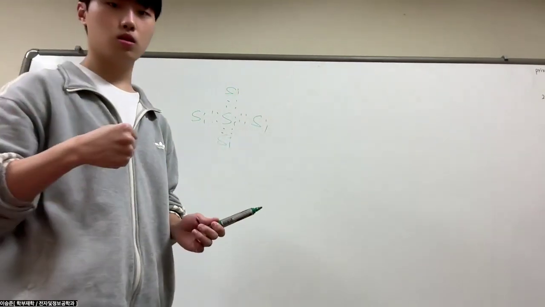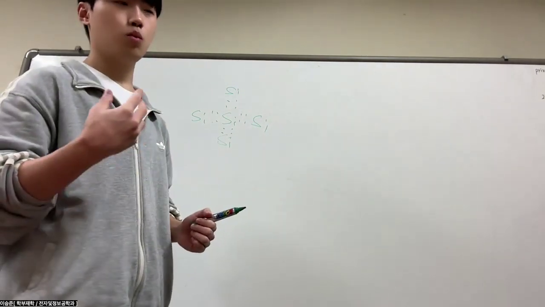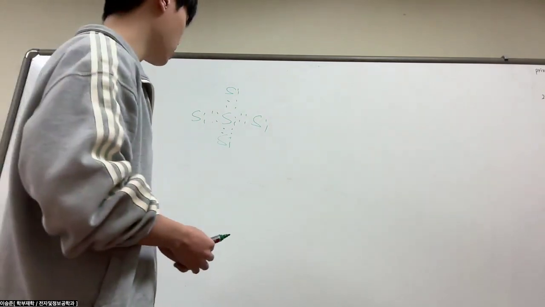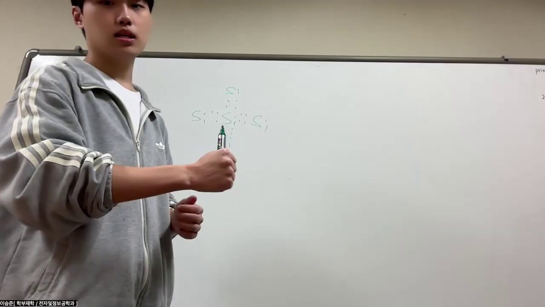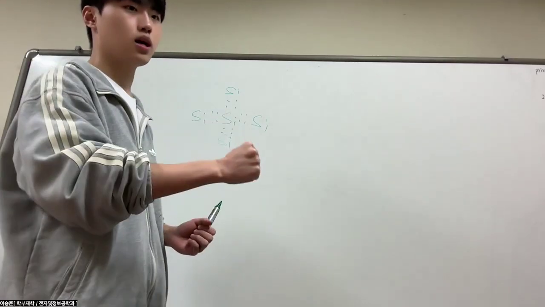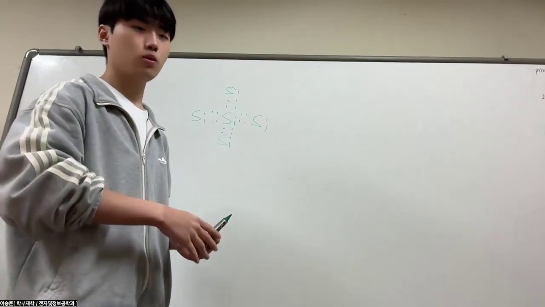But when we dope it with boron or arsenic, there is a free electron or one missing electron. We say that's a hole. So there are carriers like electrons or holes.